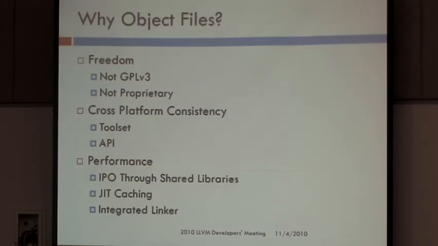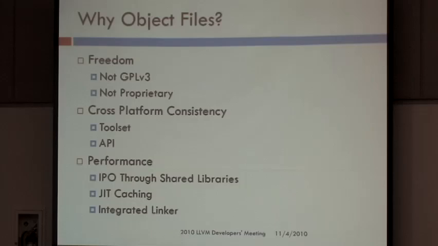There really is no consistency across tool chains, even on Linux. The ARM and ELF tool chains have differences that are minute, but do affect what you're doing. And also the APIs that you use when writing a program to access object files.